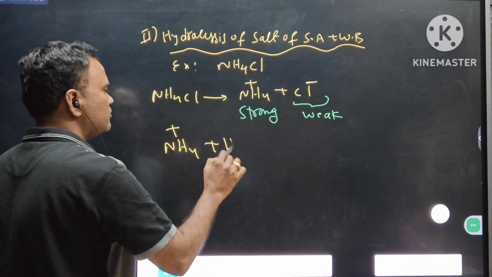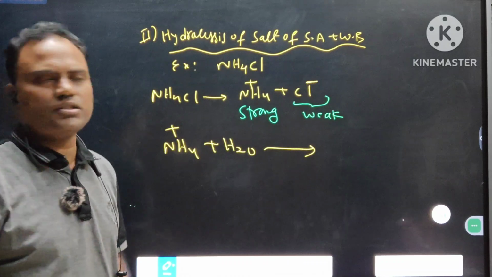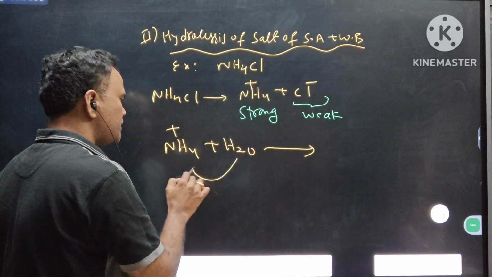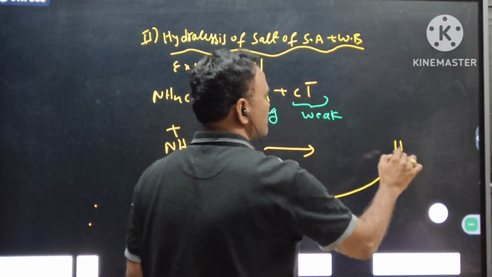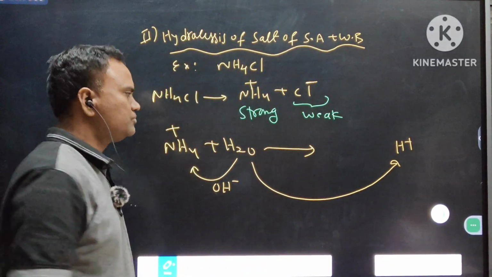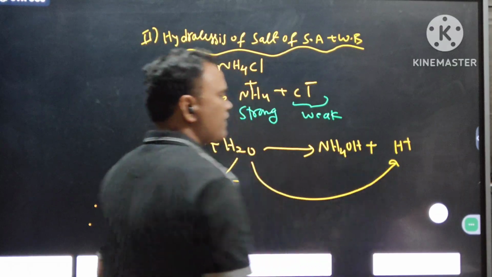NH4 plus and water. In water, H plus and OH minus ions are present. So OH minus ion will go towards NH4 plus and H plus will be liberated. Free H plus, and here you will get NH4OH.